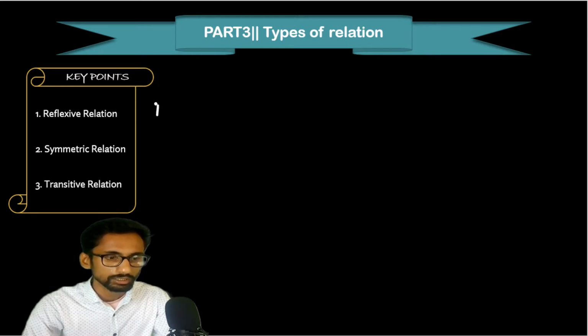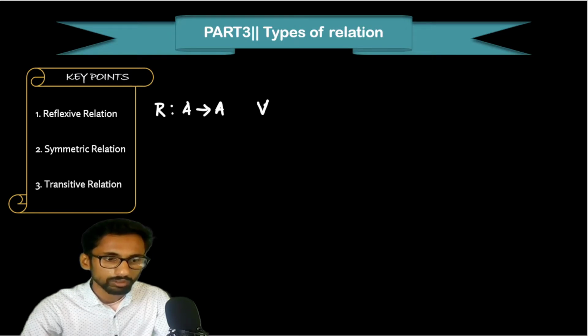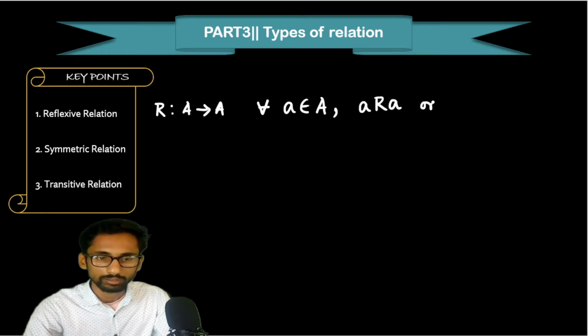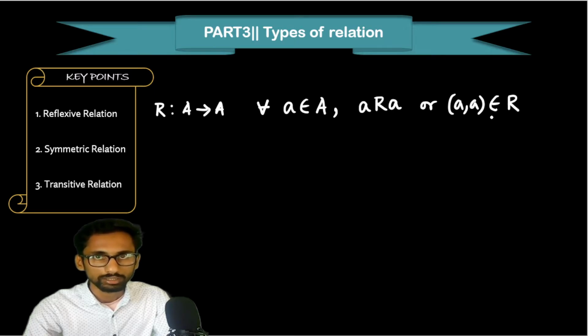Suppose we are defining a relation on set A, and if for all A belongs to the domain set, A is related to itself, or A comma A is an element of the relation R, then we can call that the given relation R is reflexive.